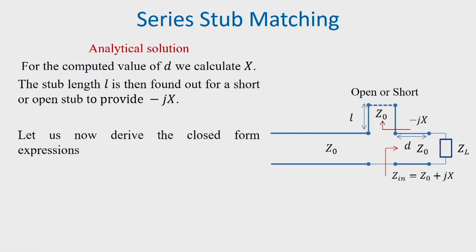Now, let us try to see how we can derive the closed form expression for D and L. So, we have ZL equal to RL plus jXL. We can write YL, which is 1 by ZL, to be equal to GL plus jBL.